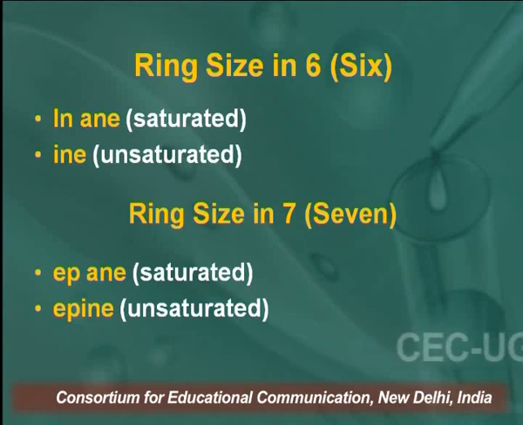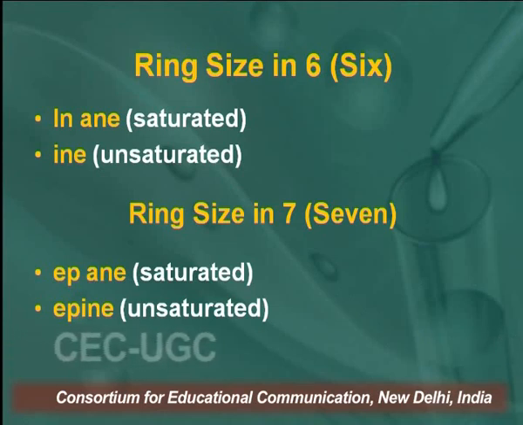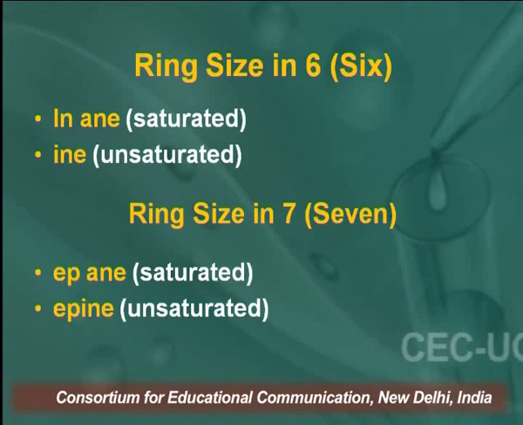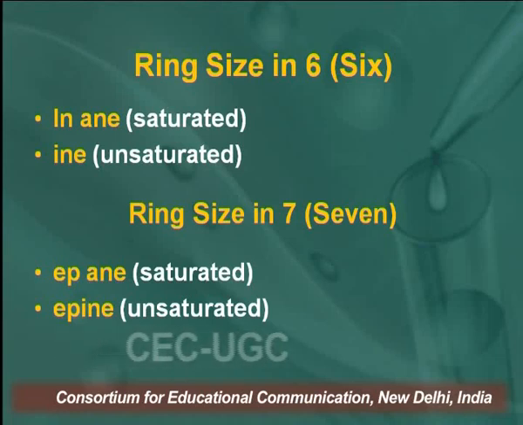This is for both nitrogen present and nitrogen absent. Similarly, if the ring size is 7, the suffix is -ep, and for saturation you write -epane, and for unsaturation -epine.